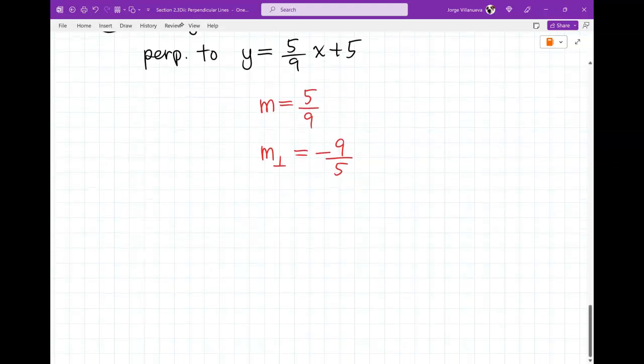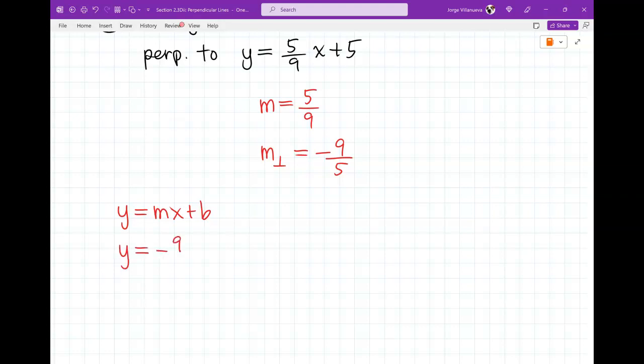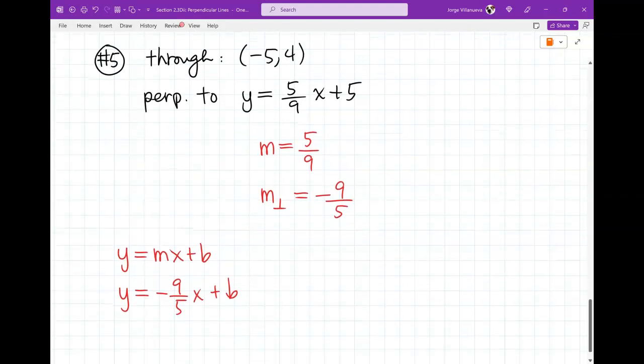Now that I know that, y equals mx plus b, that's my equation. I'm going to put in m, which is negative 9/5 x, plus b. And then I'll plug in my x and y, which was negative 5 and 4.